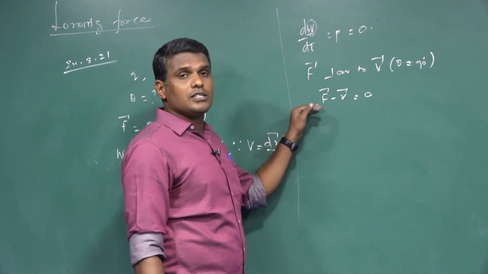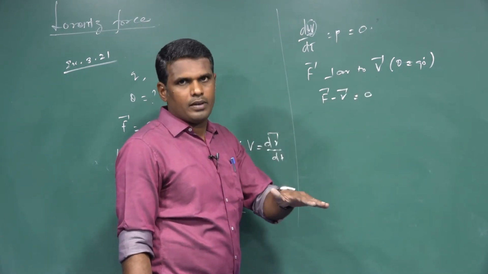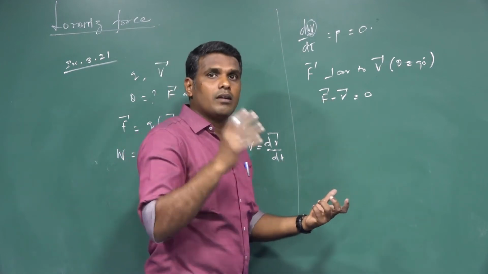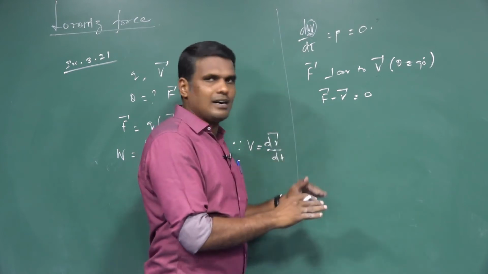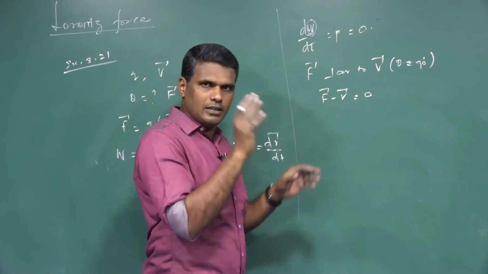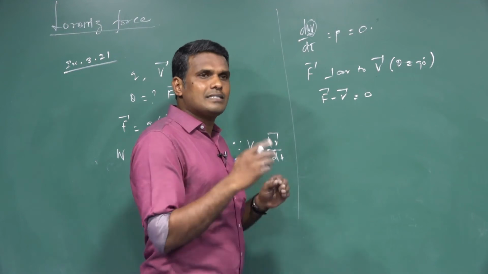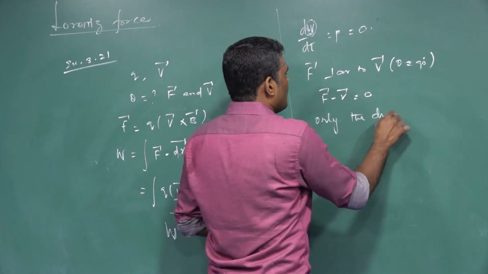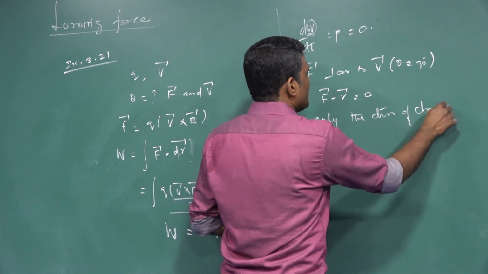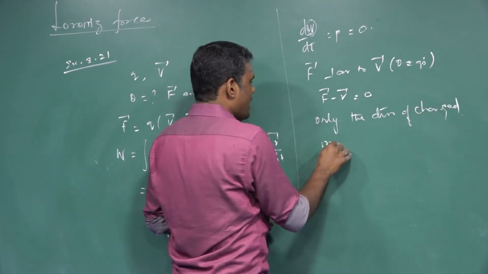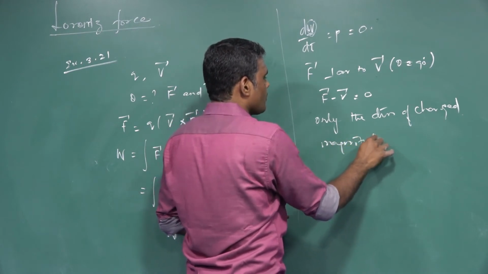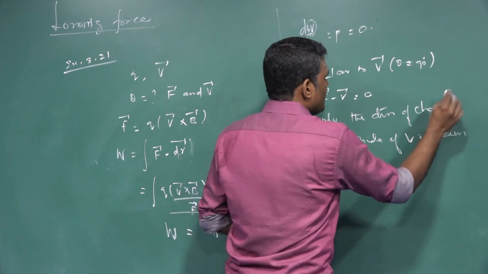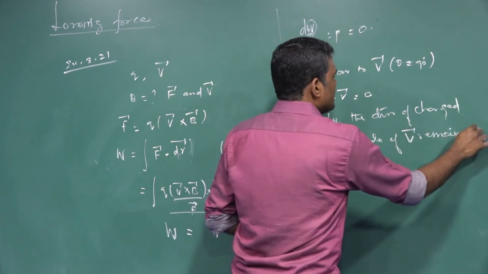So the magnetic Lorentz force does not do any work. Shall we say that there is no force acting on the charged particle? No. Force is acting on the charged particle moving with the velocity v in the uniform magnetic field. But it changes only the direction of the motion of the charged particle, and the magnitude of velocity remains unchanged.